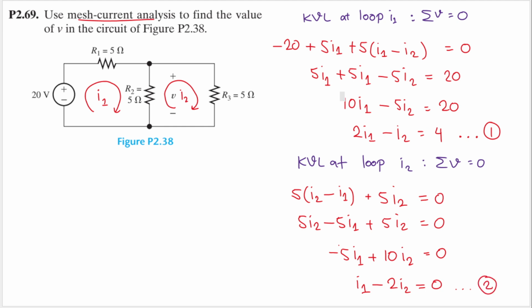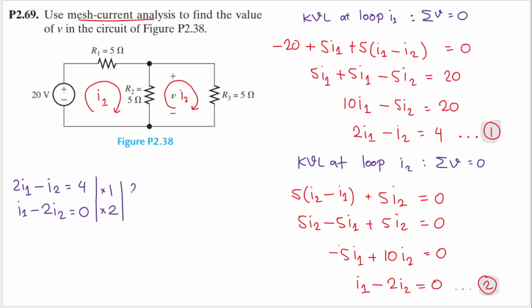So now we have two equations with two variables. We can do substitution or we can do elimination, right? I think I will do elimination here. Let's rewrite that. So I will have 2I1 minus I2 equal to 4, and then I1 minus 2I2 equal to 0. And multiply this by 1, and multiply this by 2.